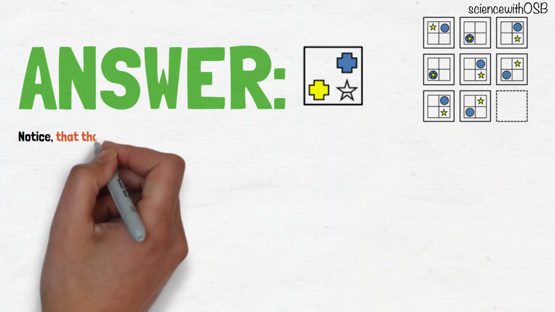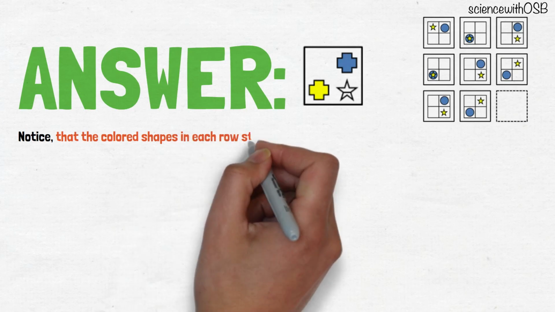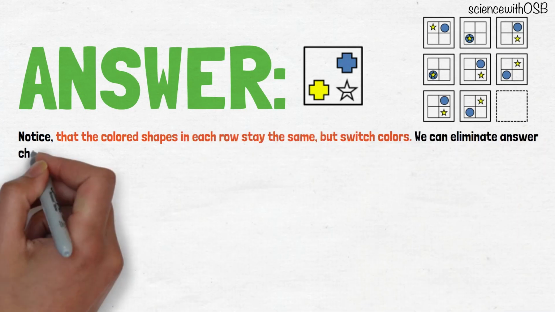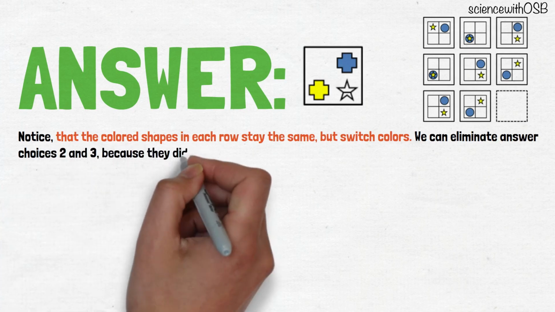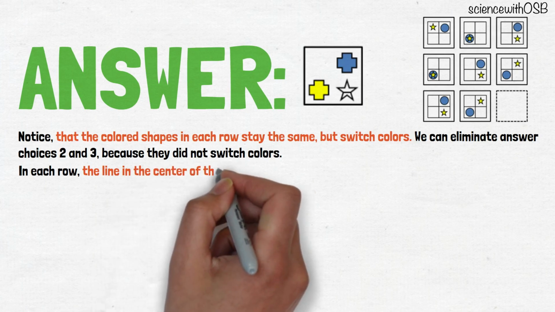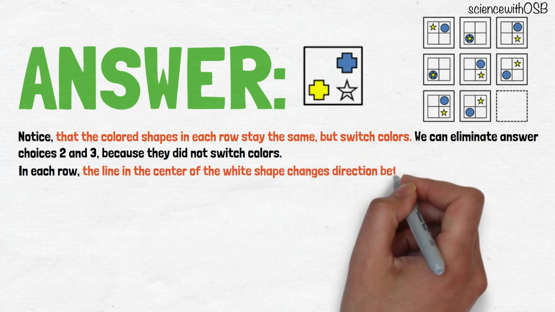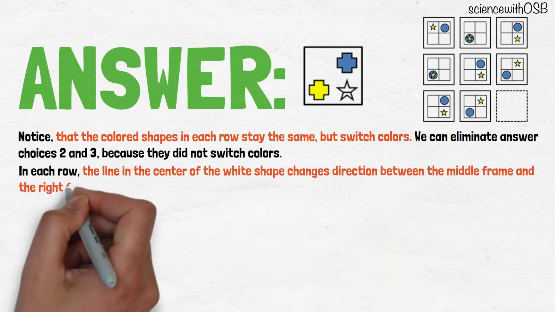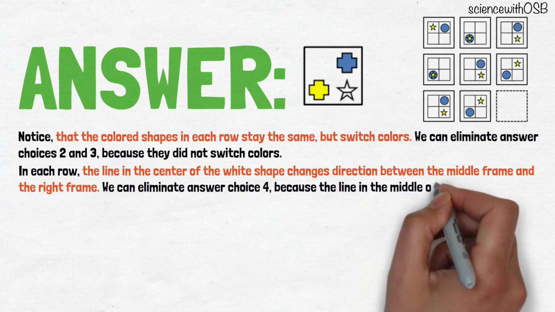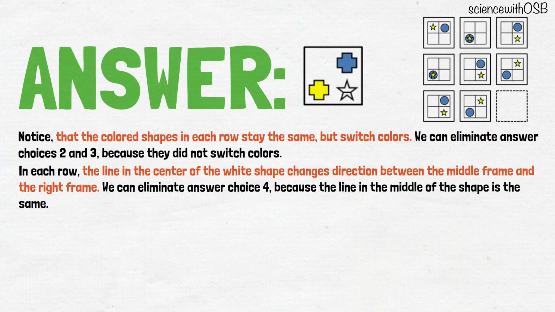Notice that the colored shapes in each row stayed the same, but switch colors. We can eliminate answer choices 2 and 3 because they did not switch colors. In each row, the line in the center of the white shape changes direction between the middle frame and the right frame. We can eliminate answer choice 4 because the line in the middle of the shape is the same.